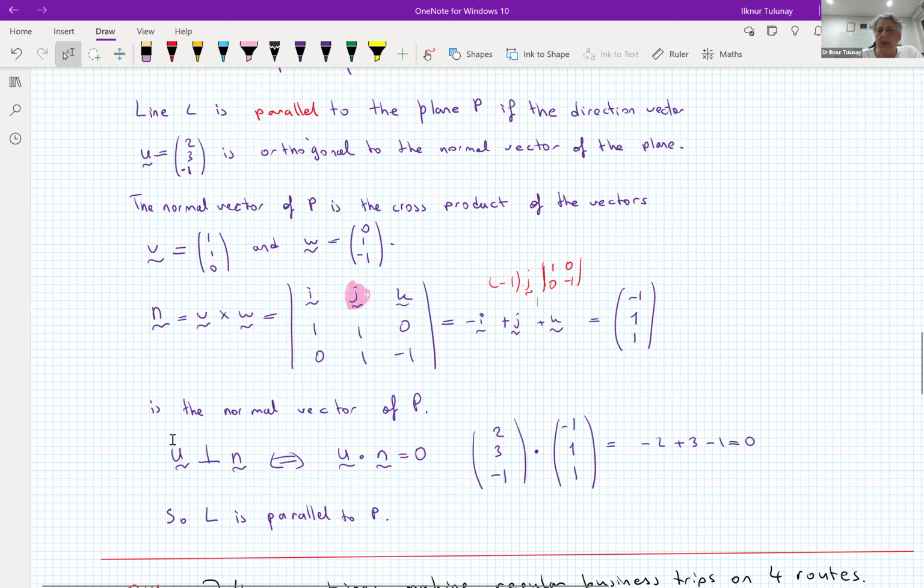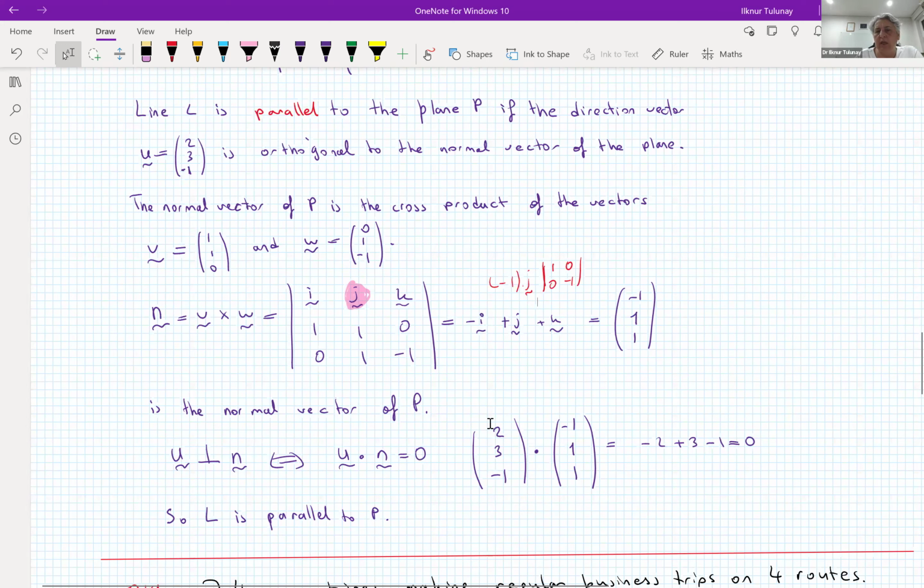If the line L is parallel to the plane P, then the direction vector of L is orthogonal to the normal vector, which means that they are perpendicular to each other. Two vectors are perpendicular if their dot product is equal to 0.